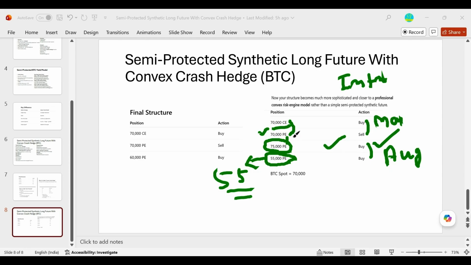So what I will be doing here, I will be keeping the 55,000 put as it is, and I will again bring down my synthetic futures to the 55,000 strike.